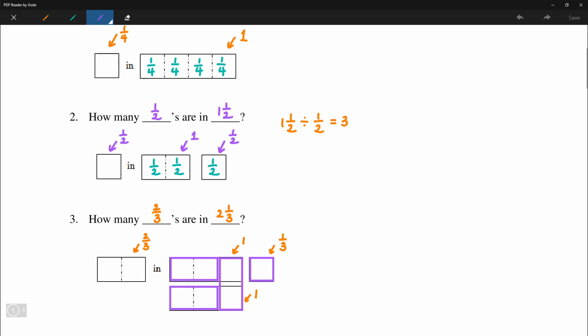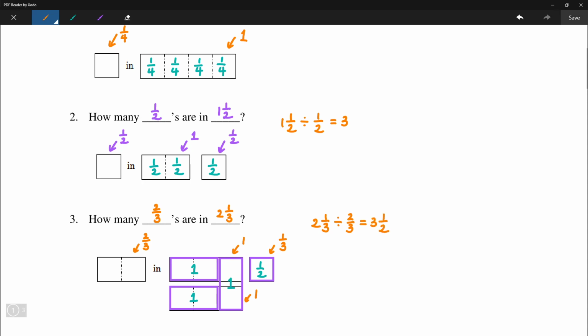So here we have a 1, another 1, a third 1, and then here 1/2. Okay, to combine what we are dividing here, we have 2 and 1/3 divided by 2/3 is equal to 3 and 1/2.